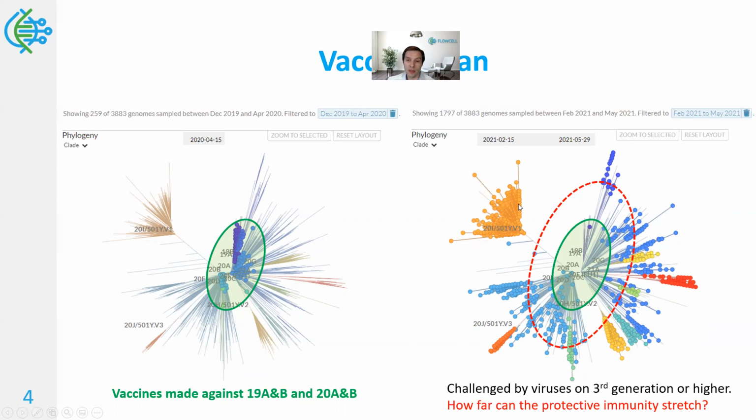So this is, according to my count, the third major generation virus. There are others like 21A that could be considered fourth. So the red dashed line here is really asking how much in this genomic diversity space, the protective blanket, which is covering this range for sure, can it stretch?